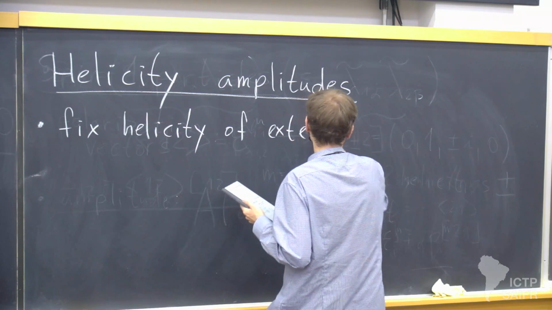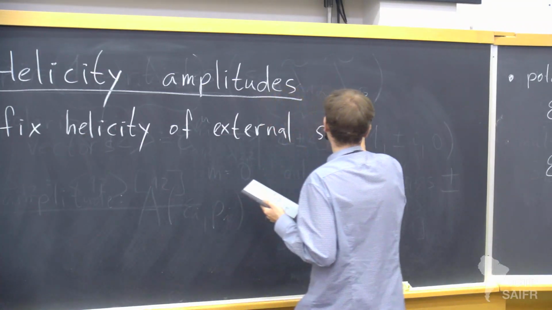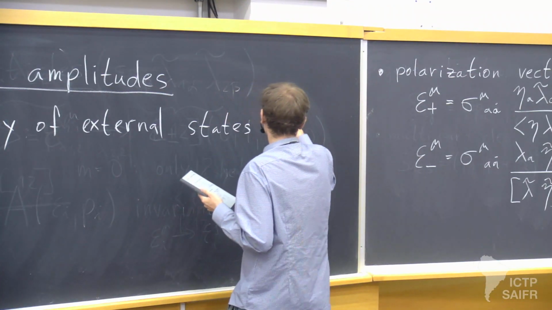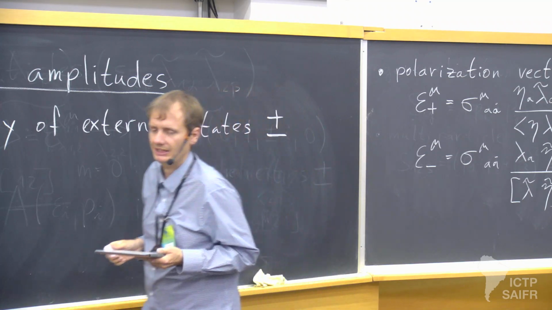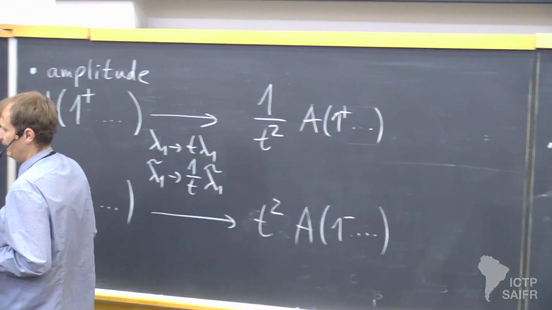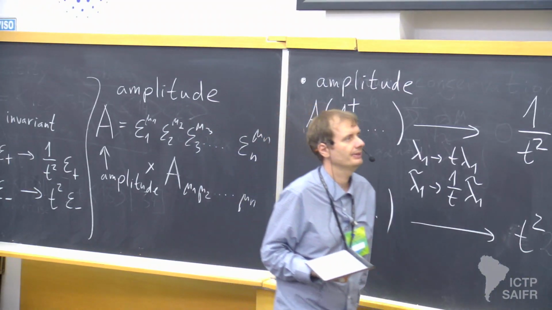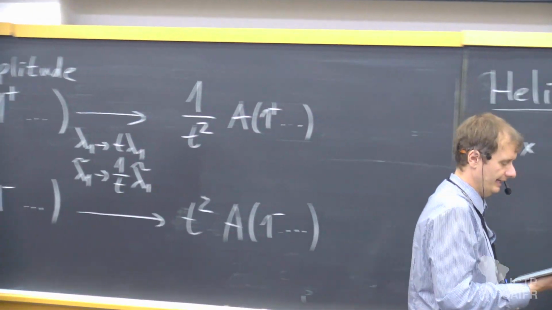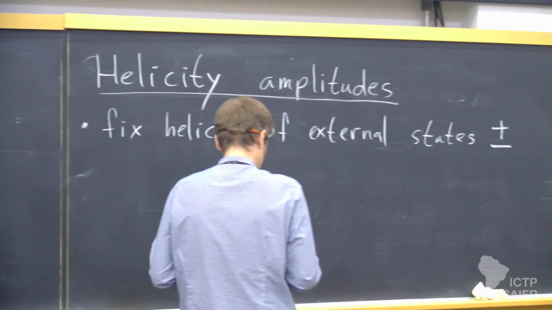And because we are massless, they are only plus or minus. They can have different spins. It can be spin 1, spin 2, 1/2, 3/2, anything. Only spin 0 doesn't have any helicity.